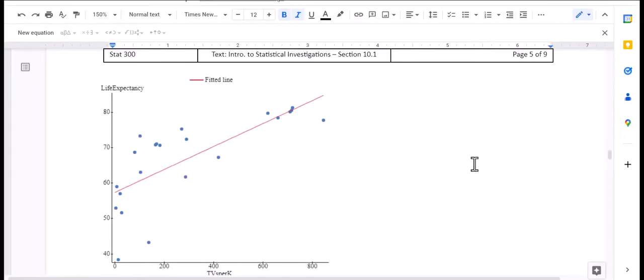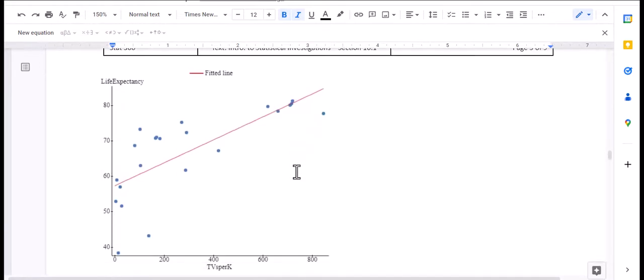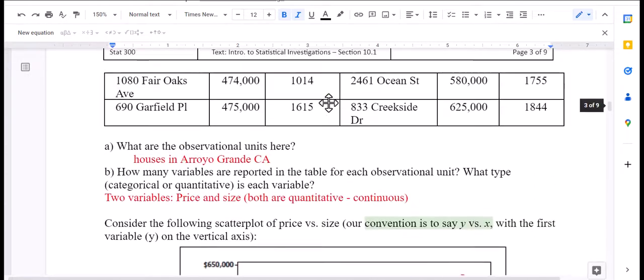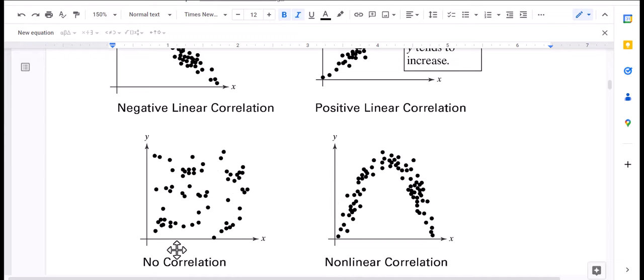So the question here is, does there seem to be an association between the two variables? If so, describe its direction, strength, and form. There is an association. It appears to be linear. You can say that it is linear. So looking back at the examples of the different correlations, this one means no correlation at all.